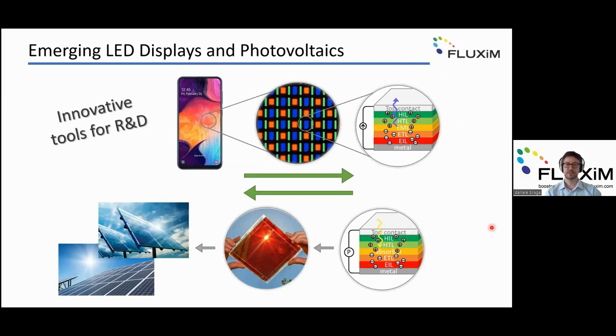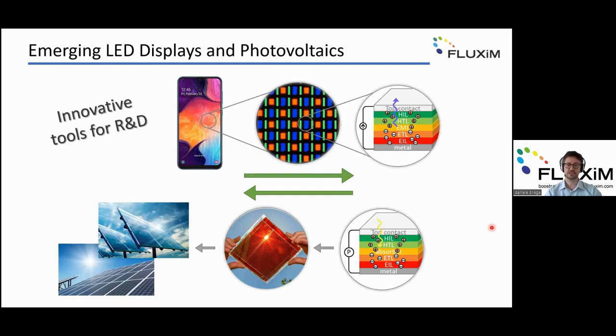In particular, if you have a look into an OLED display, like in this case, this could be the screen of an iPhone or any other phone in which they are using organic light emitting diodes. You will see that this is made of an array of pixels, red, green, and blue. Every single pixel is a light emitting diode, and this light emitting diode is a stack of materials.